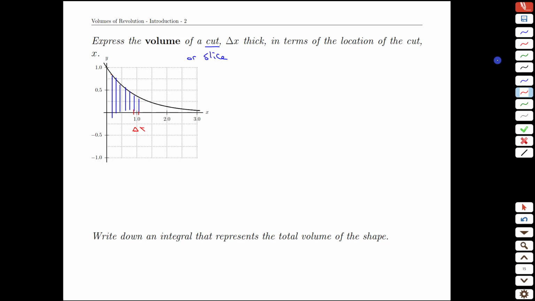And what are we going to get as a configuration? Well, we're going to get a circle. And if we give it a little bit of width, we're going to end up with a disk, like so. Or a thin, flattish cylinder.